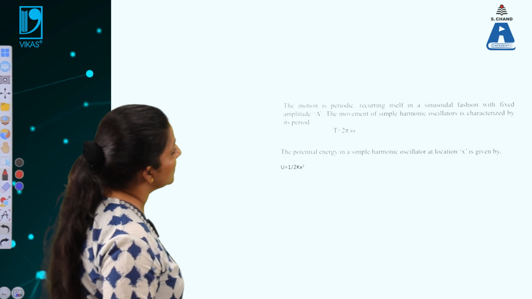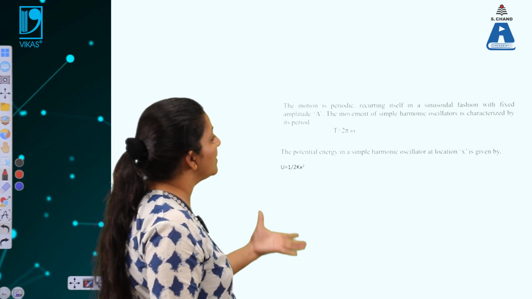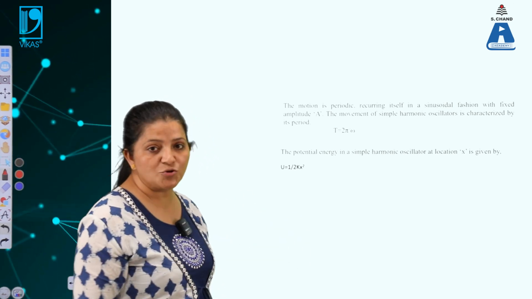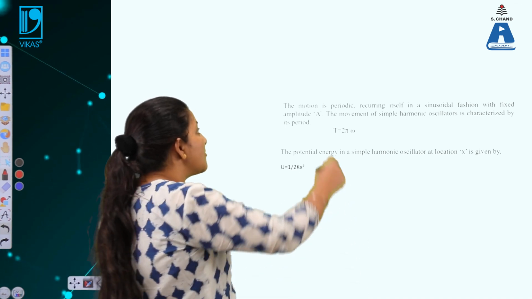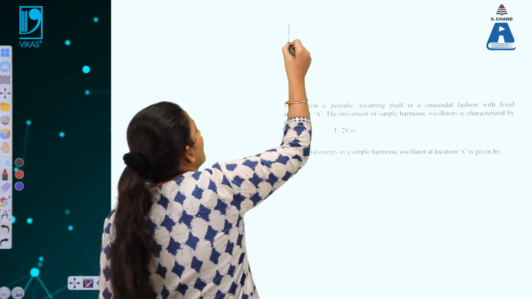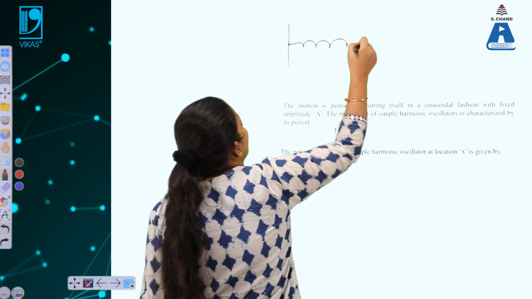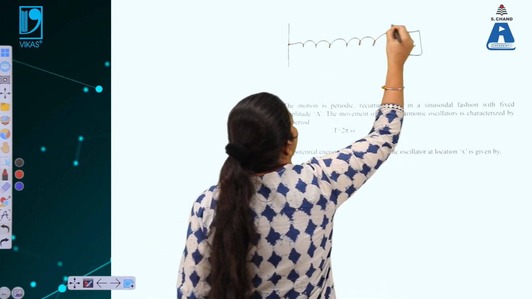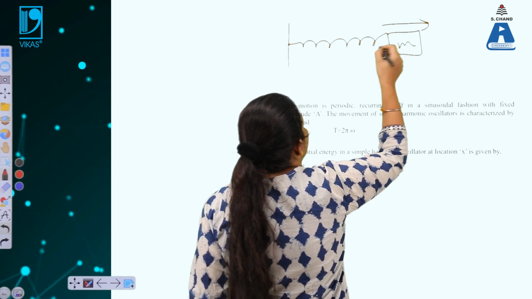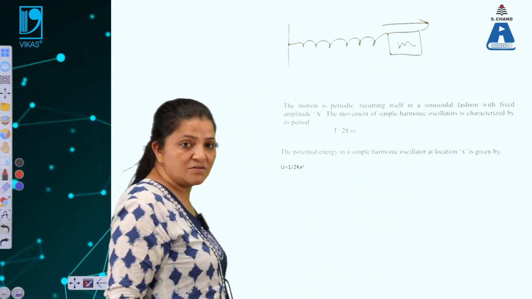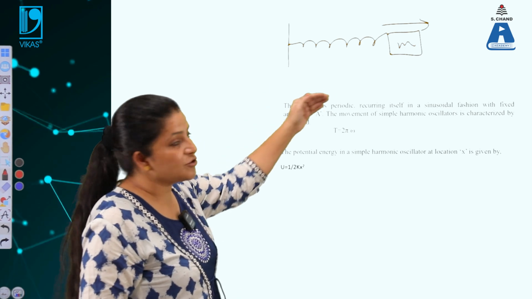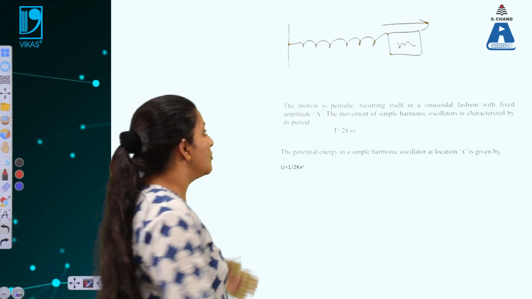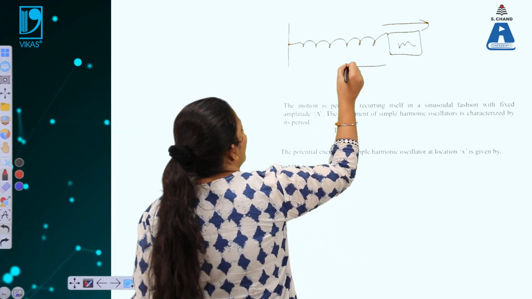Okay. Now next is the motion. This motion is known as periodic motion. Periodic motion means it repeats itself. When there is a spring and a body with mass m, and a force is applied, a displacement occurs in the direction of the applied force, and the restoring force acts in the opposite direction.